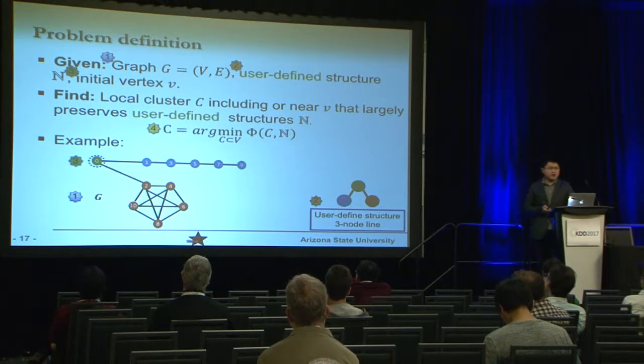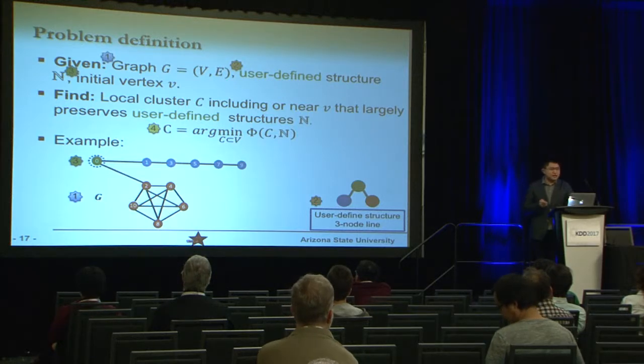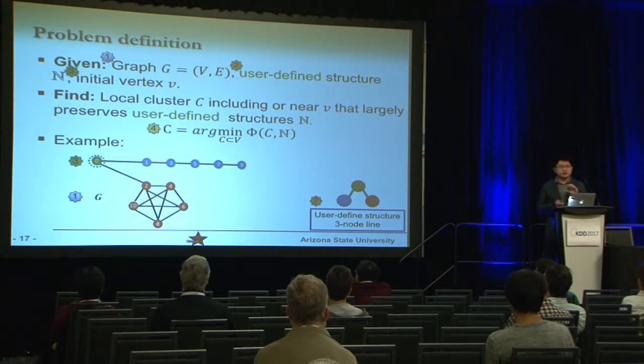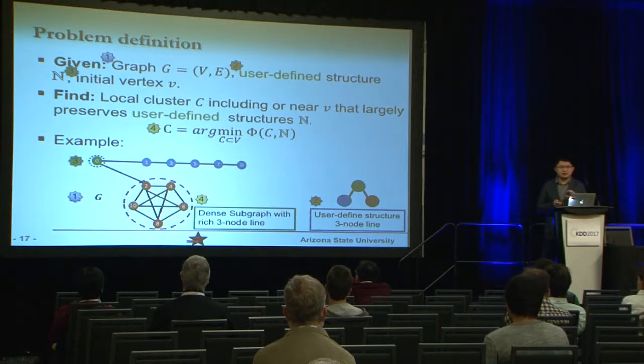Suppose we have the graph G, user-defined structure N, and also an initial vertex V. We're using local graph clustering mechanisms. So our target is to locally explore the network around the initial vertex until we find the dense subgraph that satisfies our criterion.